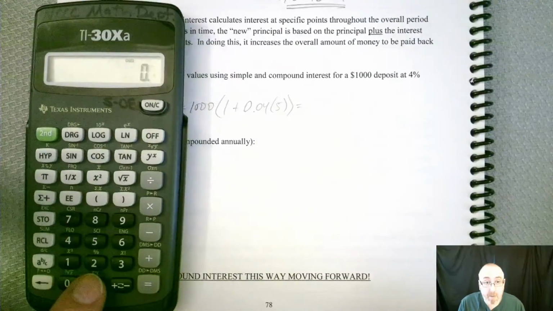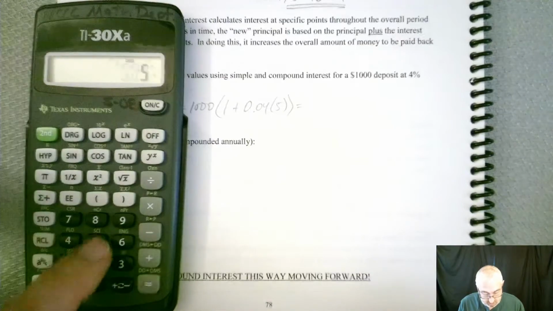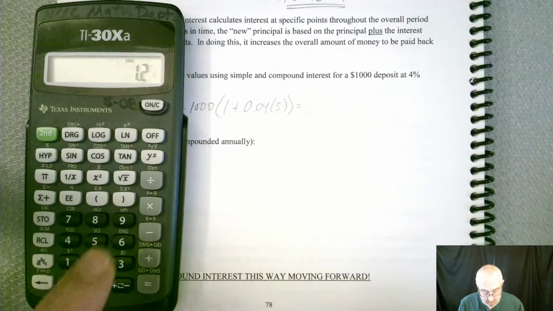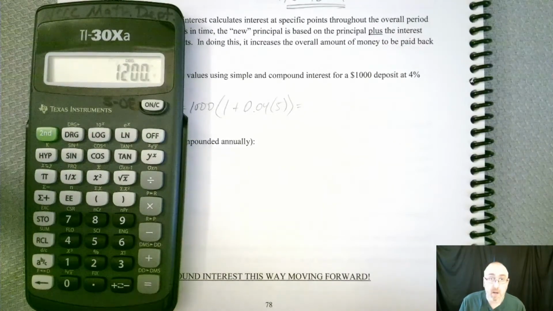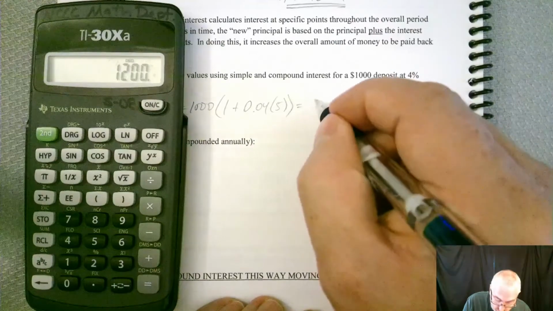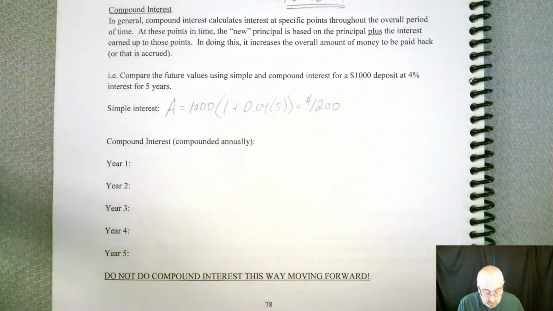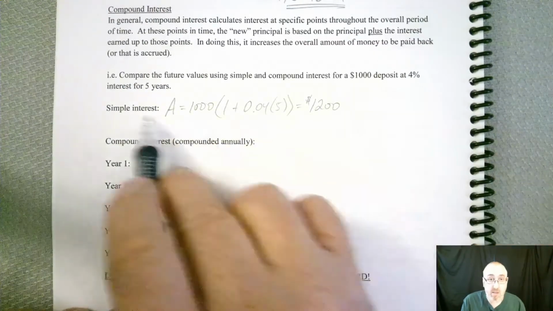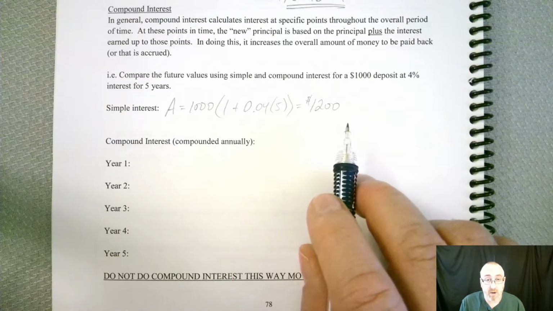So we got 0.04 times 5 equals that, plus 1 equals that, and then times the 1,000 equals $1,200. So $1,200 is what you would get if you deposited $1,000 under these stipulations. So you get $1,200 after that 5 years.